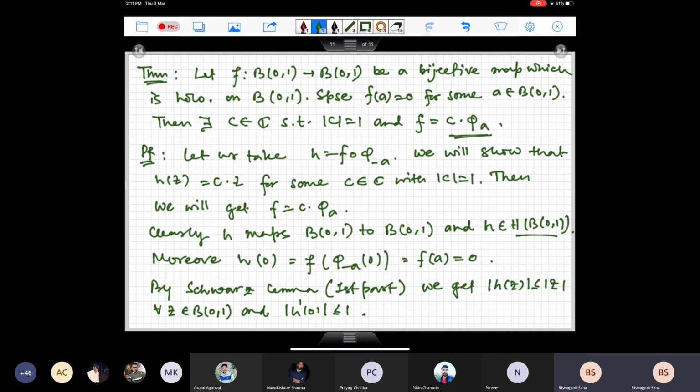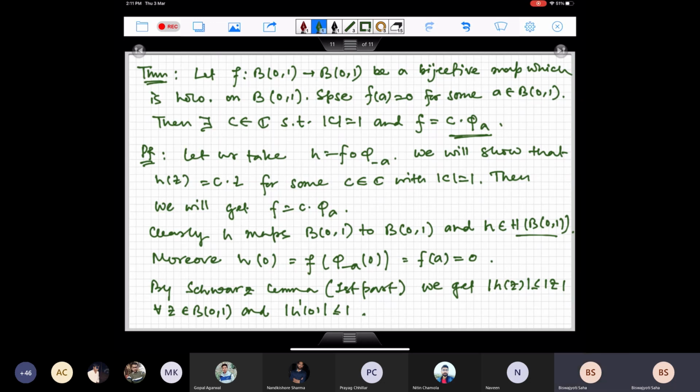Of course, we will need to prove that if we get equality in one of these two cases, then H of Z is equal to a constant times Z. Is it clear?